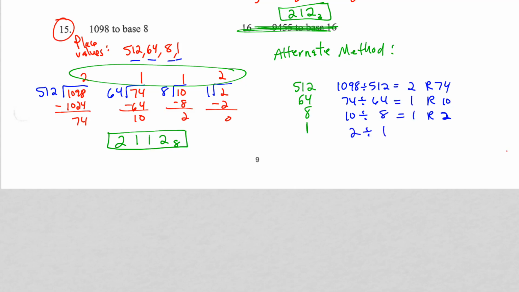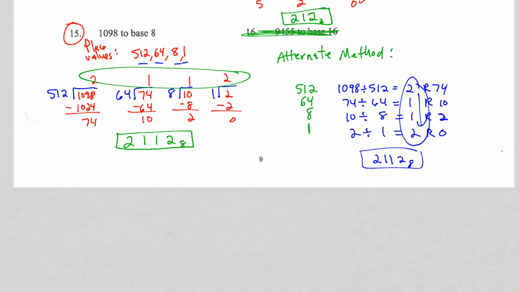And the 2 divided by the 1 is 2, remainder 0. So another way to get the answer would be right there. Okay. So I'll accept either way, or there's even a third or fourth way, that's fine. As long as you're showing some calculations and your answer makes sense, actually this is multiple choice, so you're good.